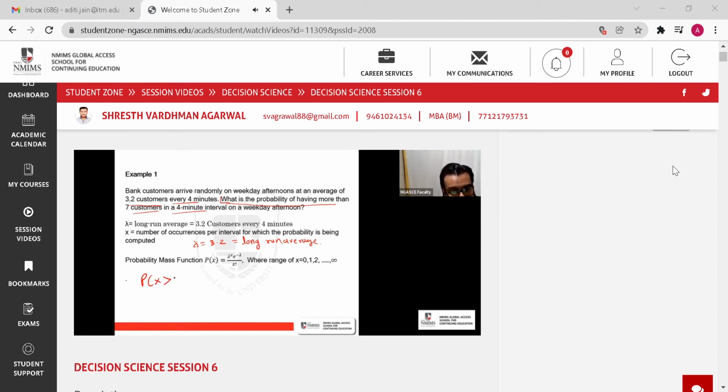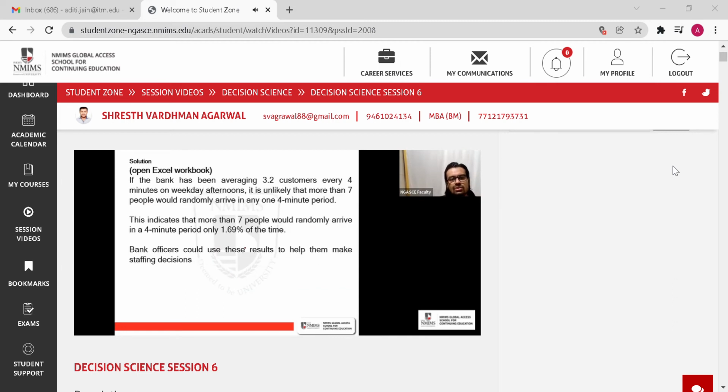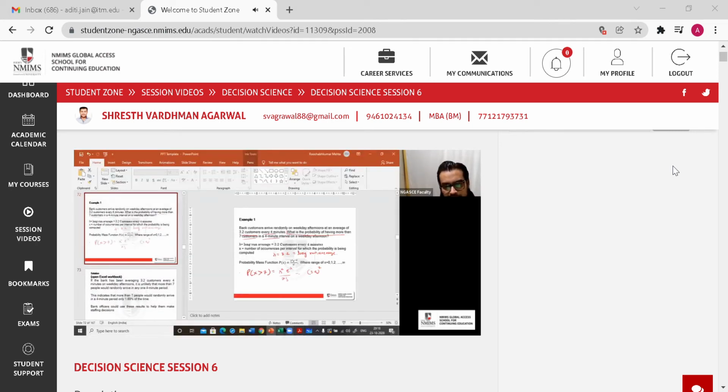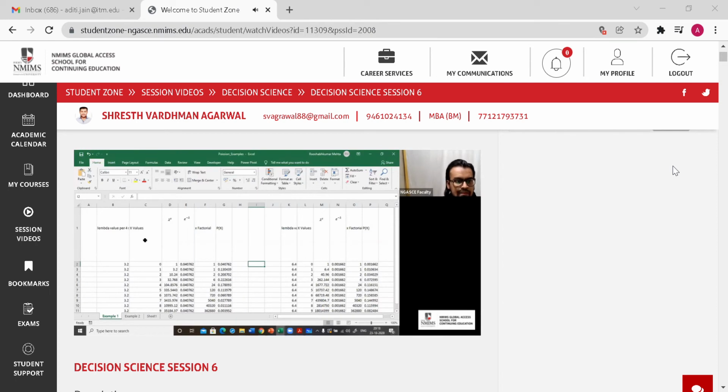X is more than 7. That means lambda raised to x, e raised to minus lambda, upon x factorial. So 3.2 raised to 7. This is only for 7 that we can calculate. So we need to at least understand the table in this way.